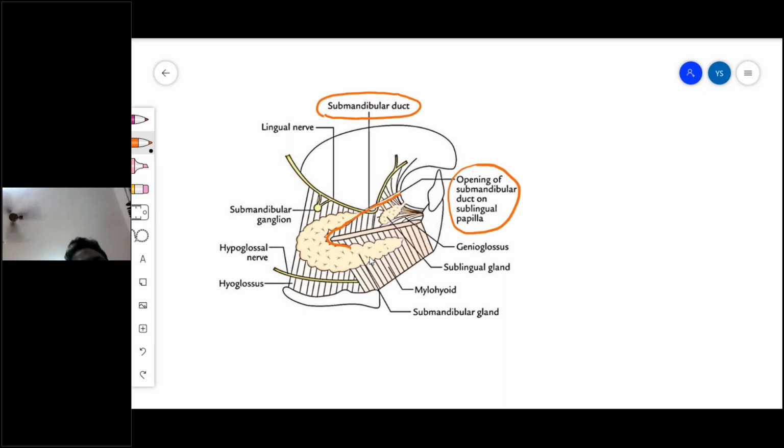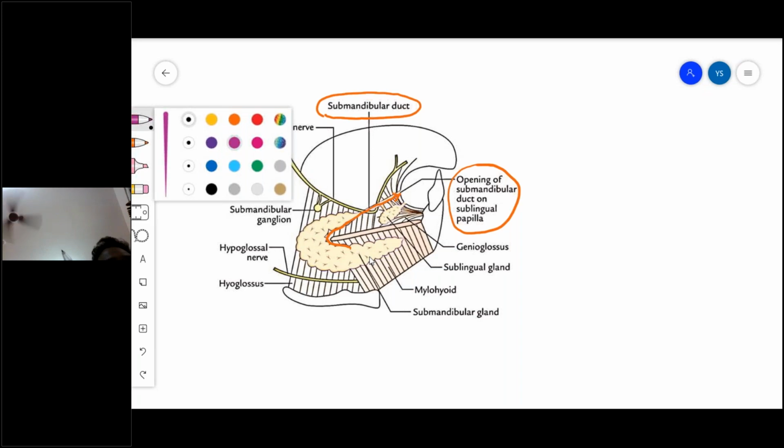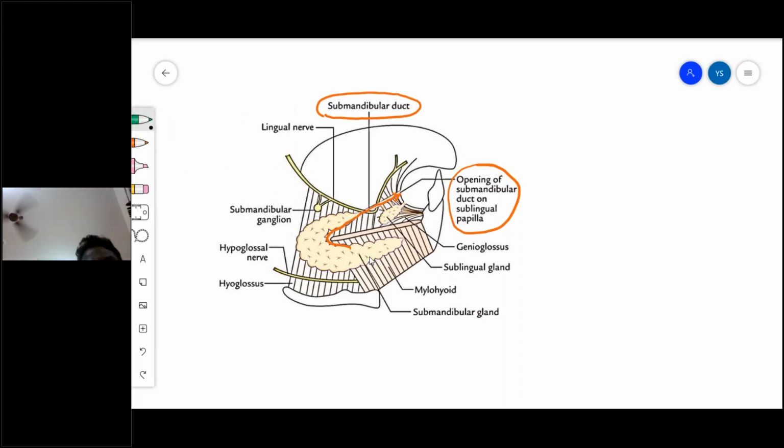In its part, we see the course and the relations of the submandibular duct. If you see the course of the submandibular duct, in its entire course what is the direction? Forward and upwards. First it is present in between two muscles.